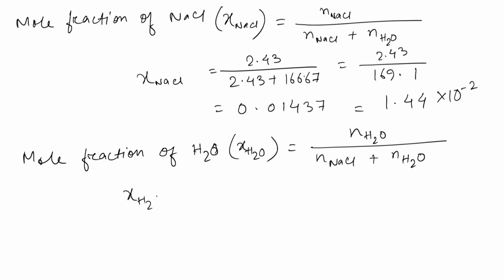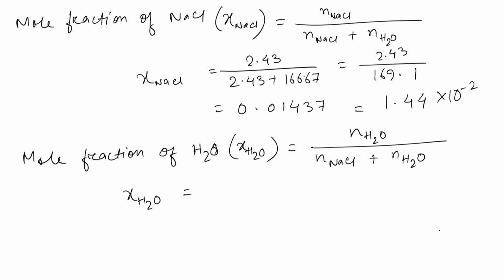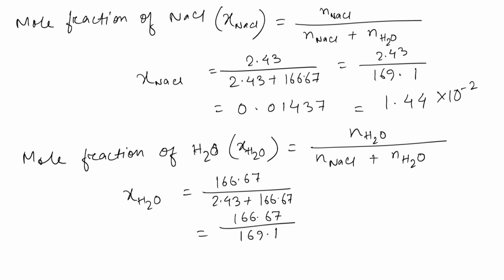So, XH2O is equal to 166.67 divided by 2.43 plus 166.67, so 166.67 divided by 169.1. This is equal to 0.9915. So, this is the mole fraction of water.